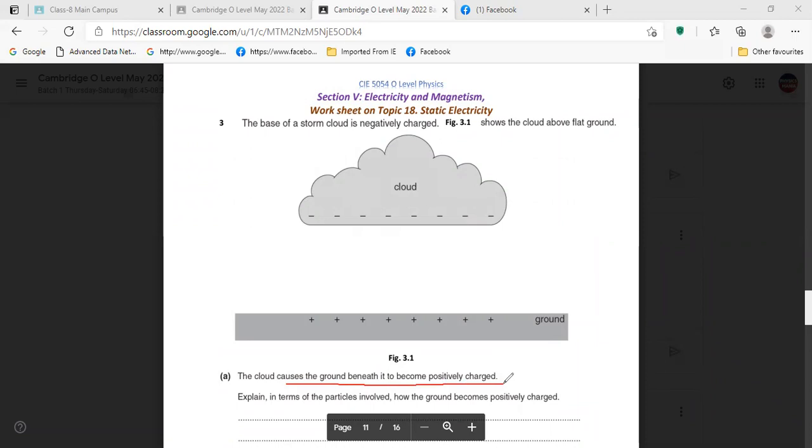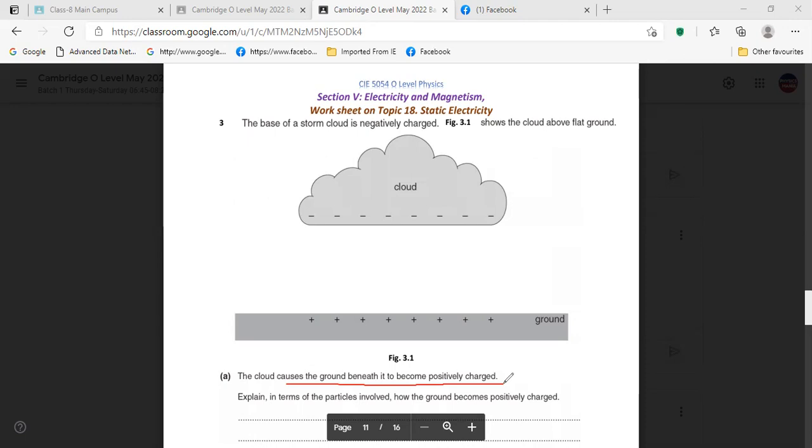So it's like the condition where you are bringing one negatively charged rod closer to a neutral sphere. Can you remember what happens at that time?